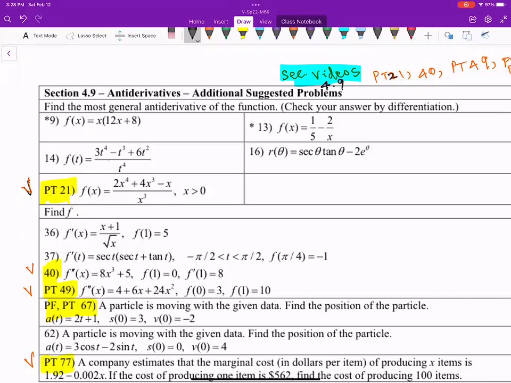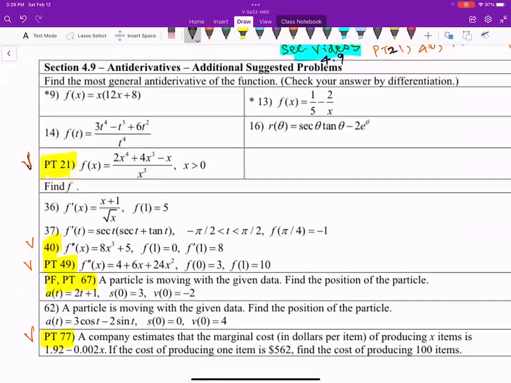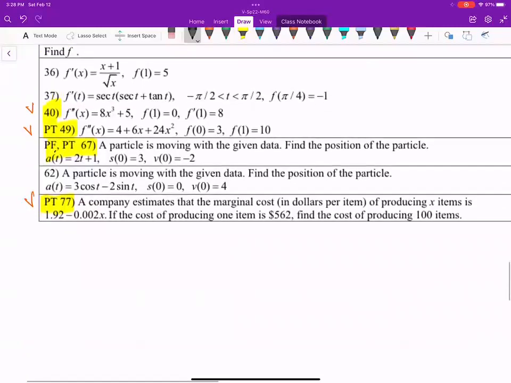See this problem, practice test number 21 is done in the video, 40 is done in the video, practice test 49 is done in the video, practice final 67 and 77 are all done in the videos. So you may want to refer to those videos for more practice on these types of problems. For the purpose of this video, we will do number 13 or number 14. Okay, let's do number 13.